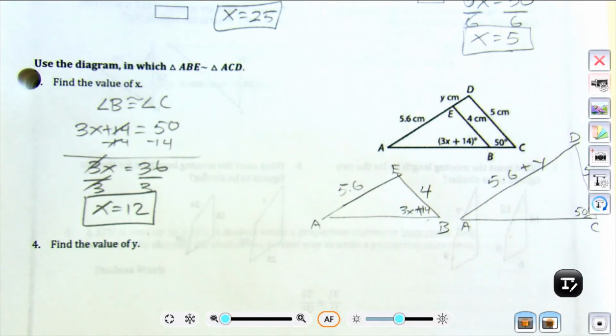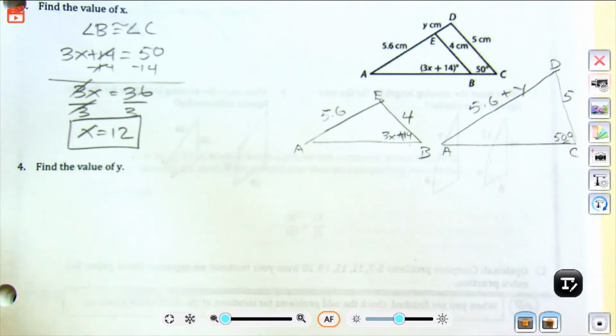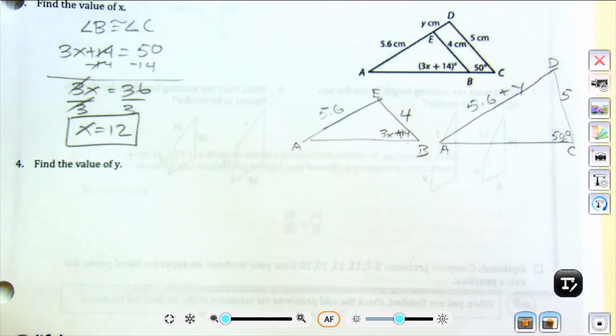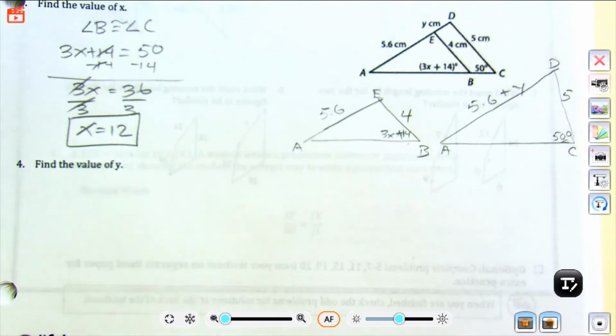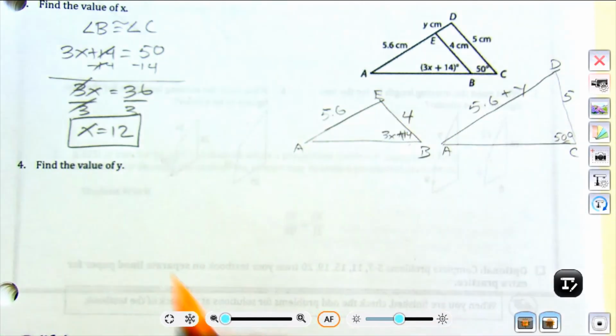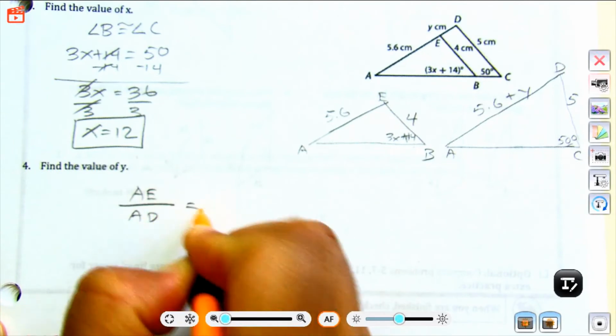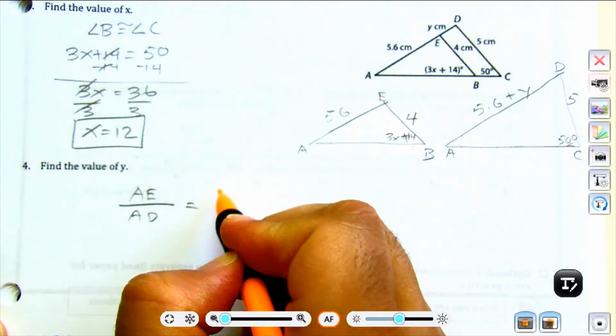Okay, and then for number 4, we want to solve for y, so we're going to create that proportion. We want to say AE over AD is equal to EB over DC.